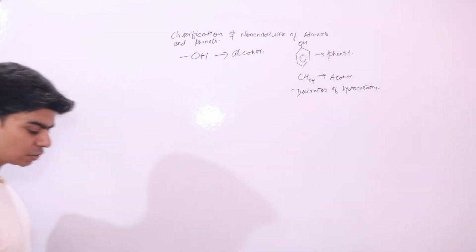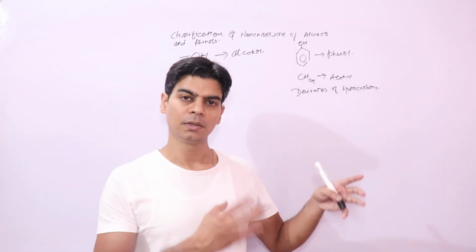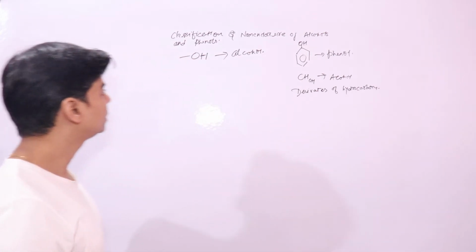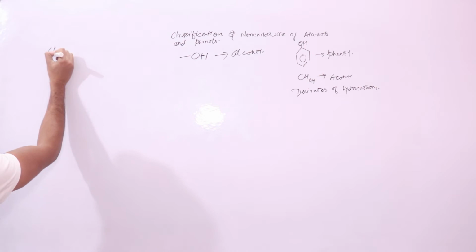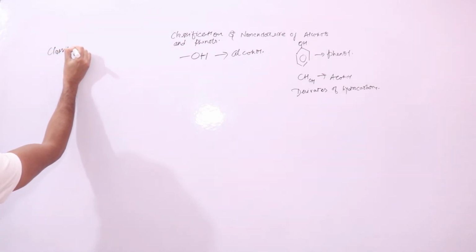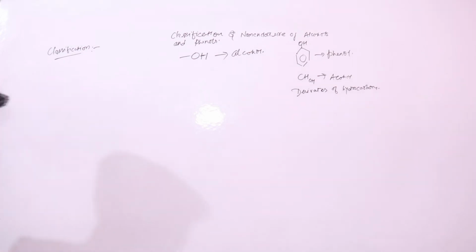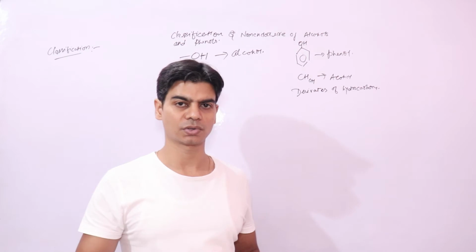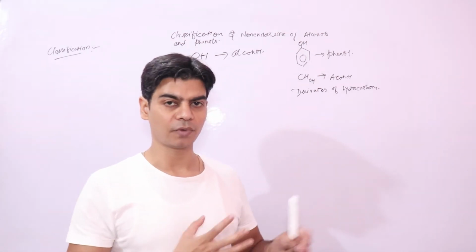Now let's look into the classification of alcohols. First we'll look into alcohols, then we'll look into phenols. We can classify alcohols based on the number of hydroxyl groups.